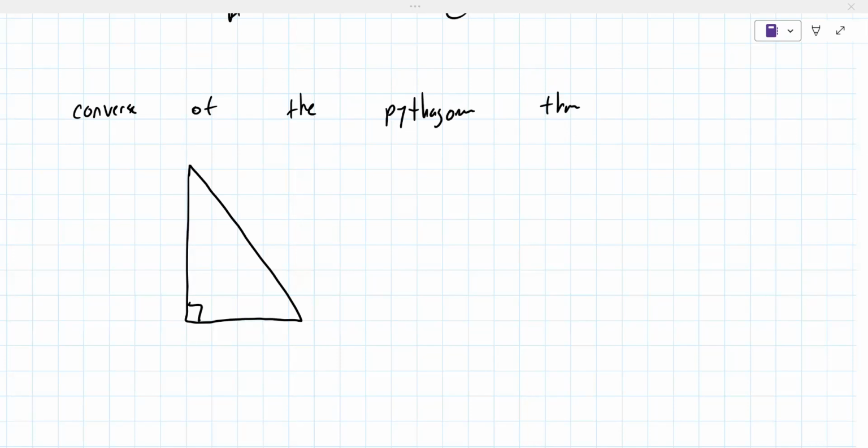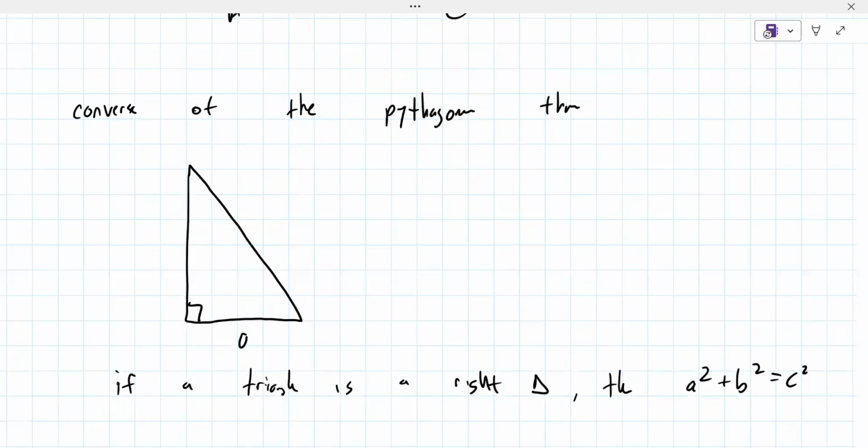More generally, I would say if a triangle is a right triangle, then a squared plus b squared equals c squared, where a and b are the legs and c is the hypotenuse. That to me is the Pythagorean theorem.